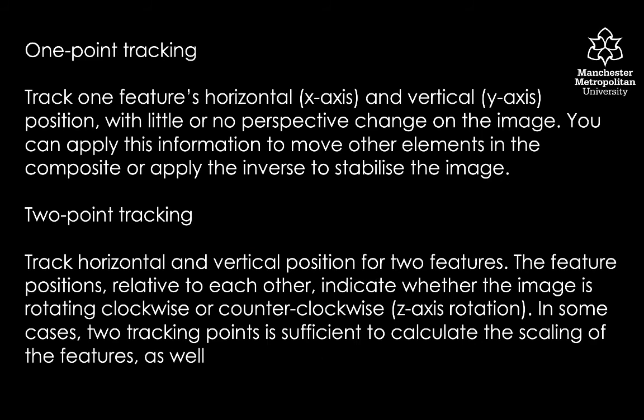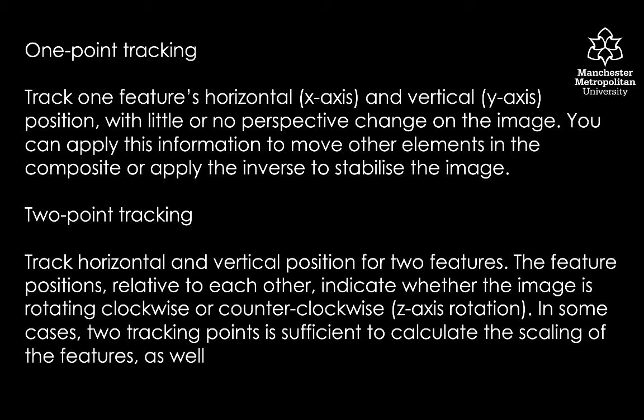1 point tracking is a feature where the horizontal is X and the vertical is Y, so the position, with a little more perspective change on an image. So this 1 point tracker is mainly used to stabilize the footage.